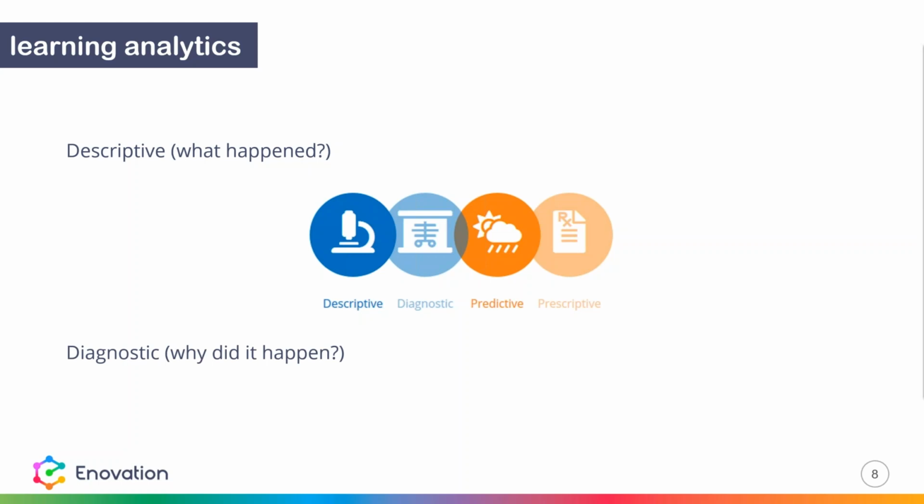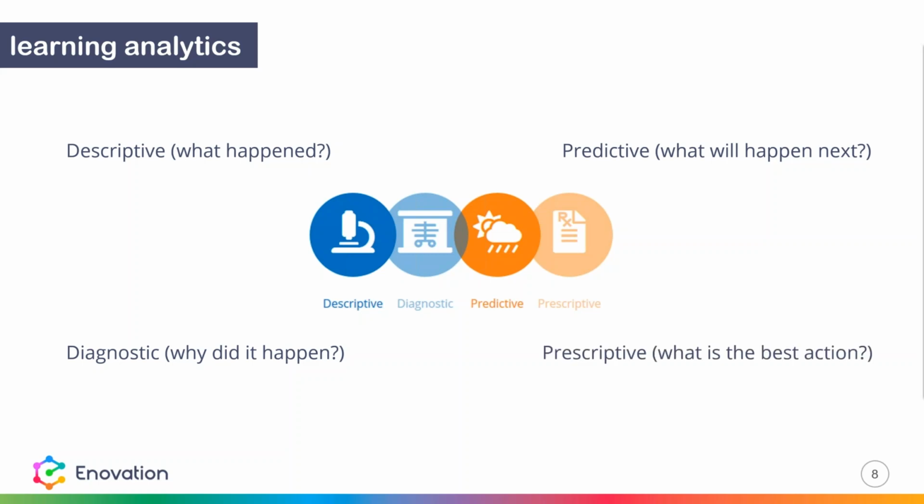But maybe we need more information than that. So we might want to know why it happened, and you need to know what will happen next. So if somebody is at risk of dropping out of a course, or not reaching the criteria for course completion. And then prescriptive, so what is the best action? So we'll be looking at that.